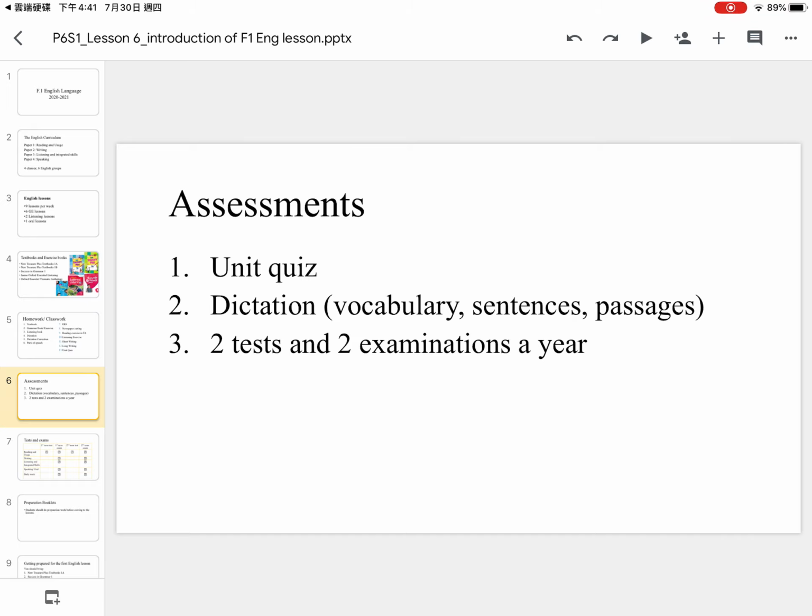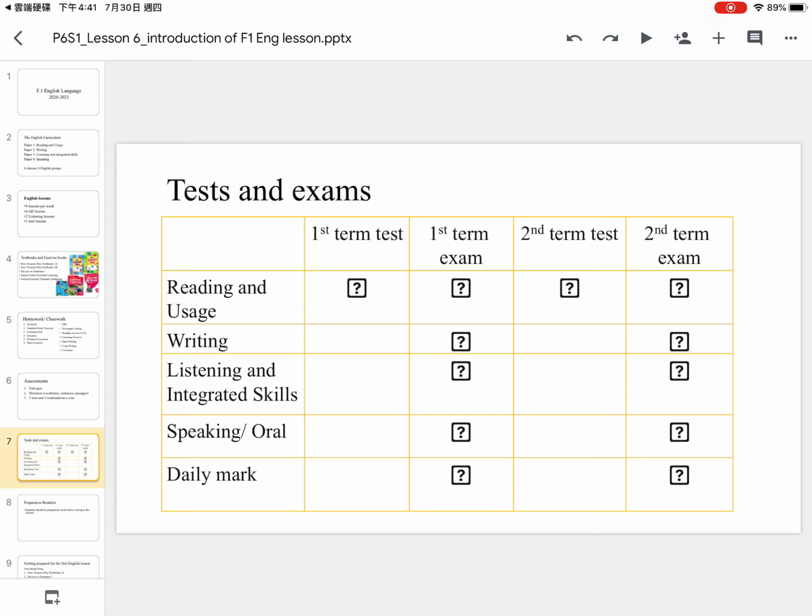Alright, so for English tests and examinations, if you can see the question mark boxes in the table. In the first term test, we will only have the reading and usage paper, which means the test will be shorter and not include other papers.